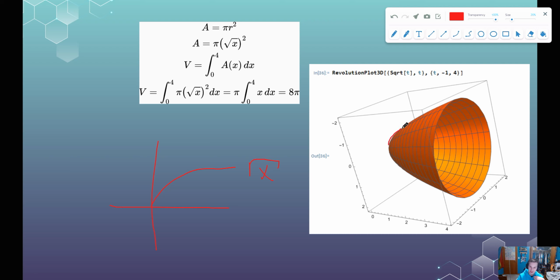You can see the outer part here is the square root of x. Maybe I should use a different color so it pops out a bit more. It's not super noticeable, but the outside is just defined by the square root of x, revolved around the x-axis a bunch of times.